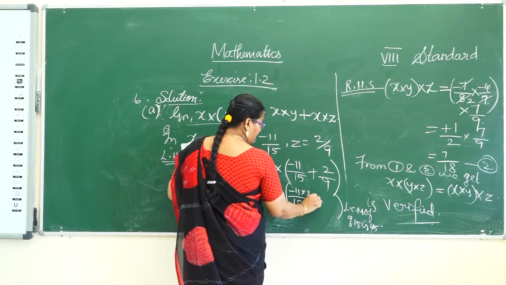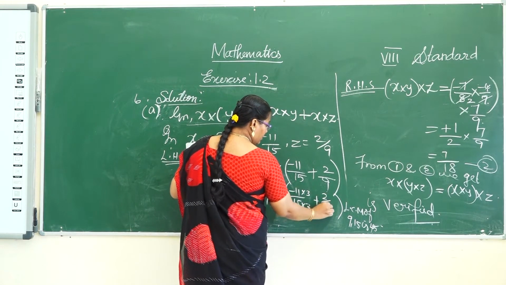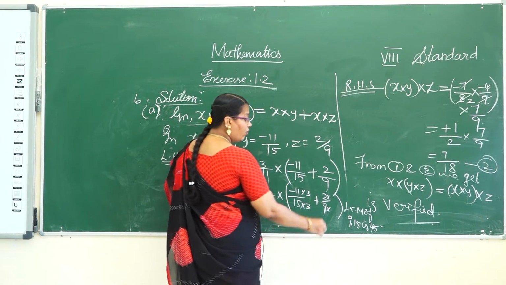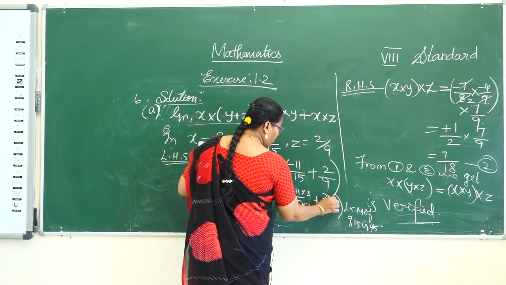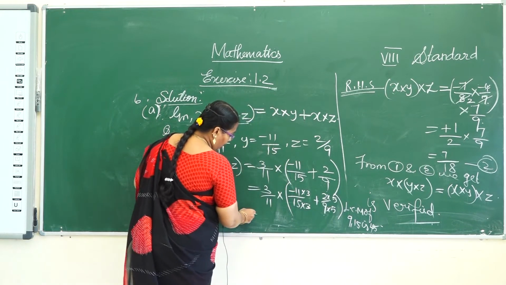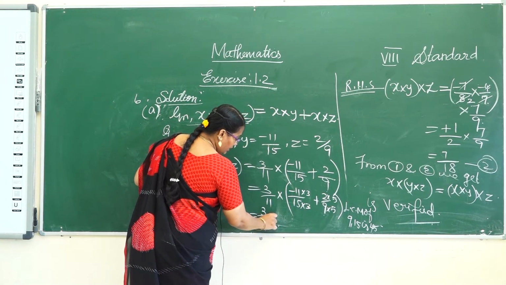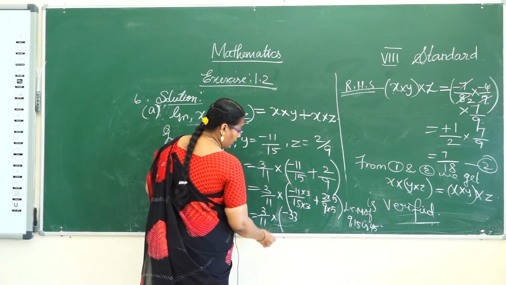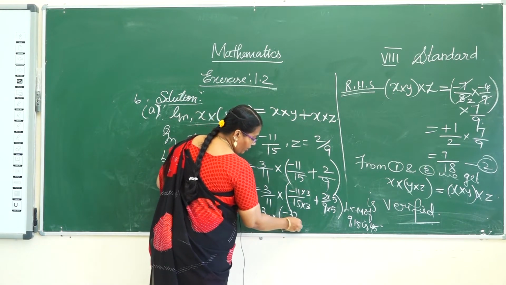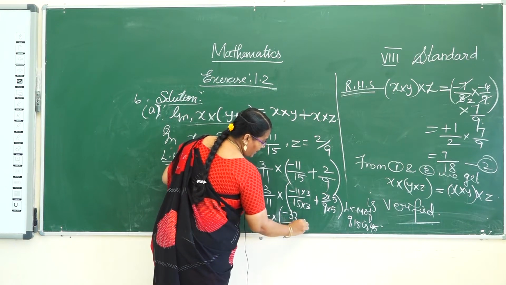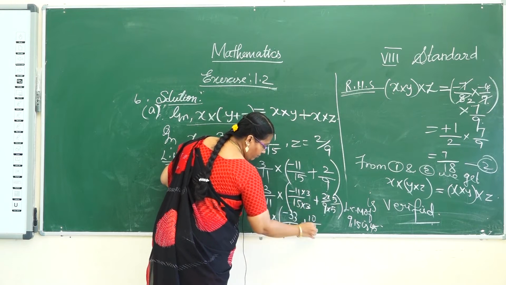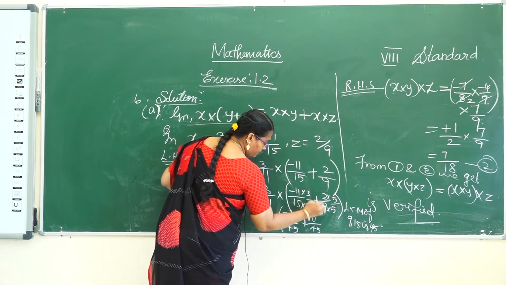Plus 2 by 9: the number multiplied in the denominator to get 45 is 5, so multiply the numerator by the same number. So 3 by 11 into minus 33, since 11 threes are 33, over the denominator 45, plus 2 fives are 10, over 9 fives are 45.